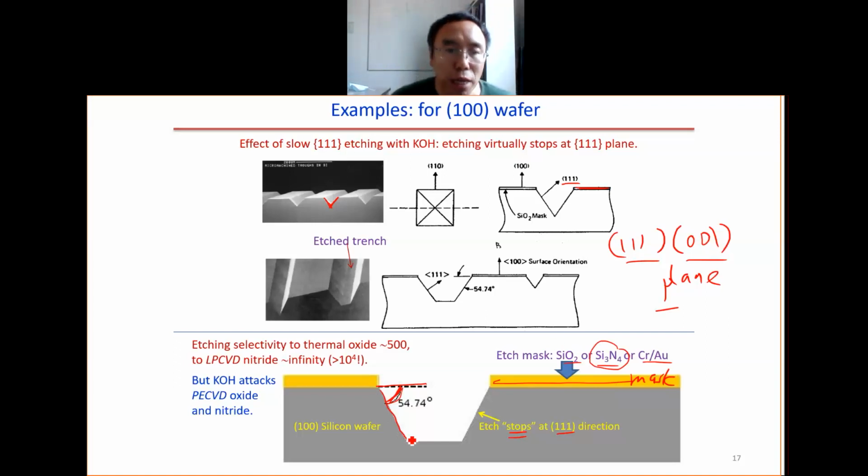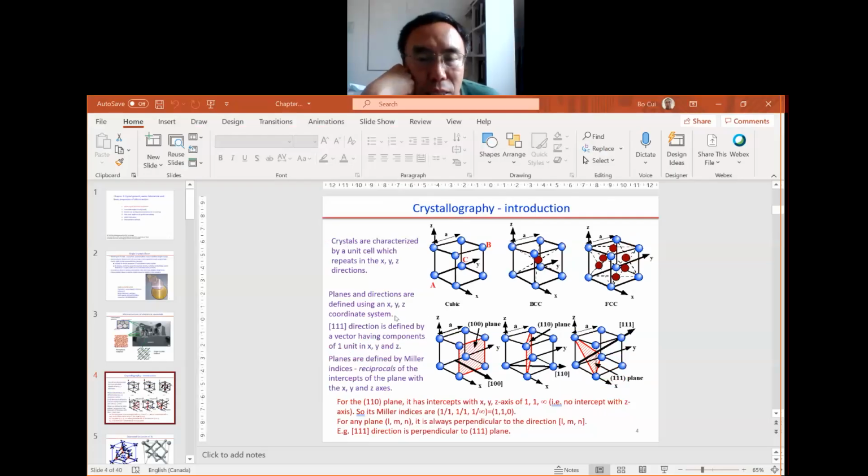Then we have to look at what we have learned previously, from chapter 3, wafer fabrication. Any plane LMN is always perpendicular to the direction LMN. That means the angle between two planes will be the same as the angle between two directions with the same index.